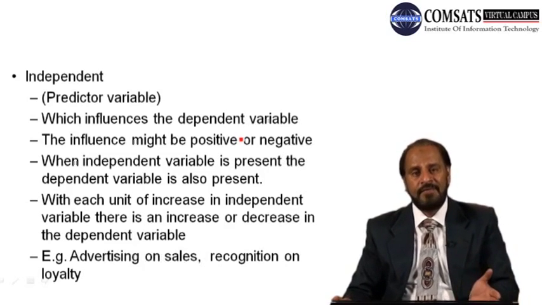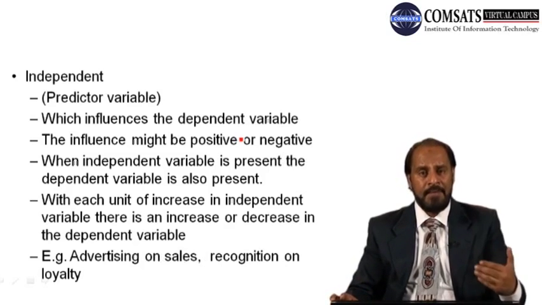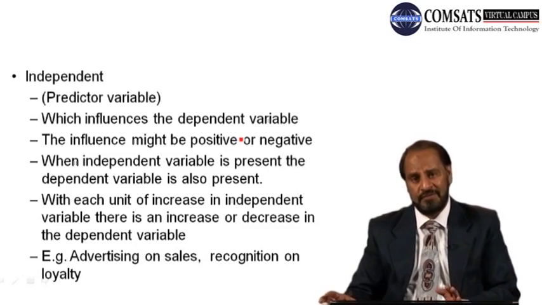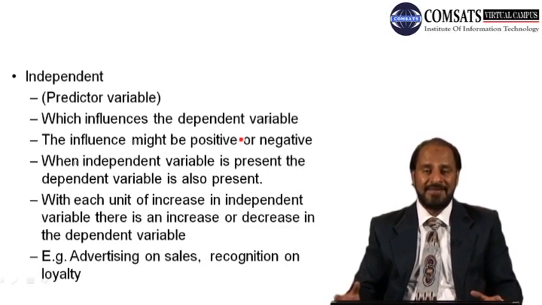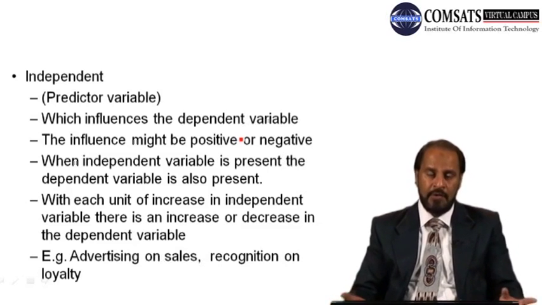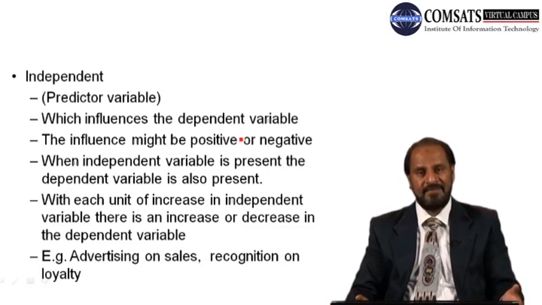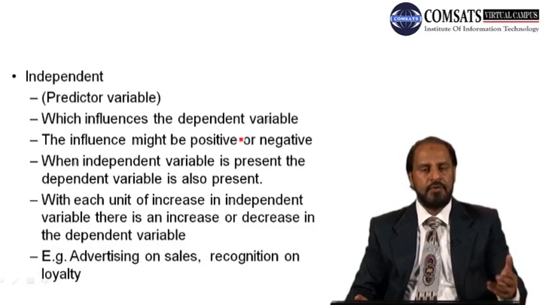The more advertising we do, it tends to create better sales results. The more production we are able to do, or timely production, the more sales we are able to make. So sales is dependent on variables such as advertising, production, or quality.